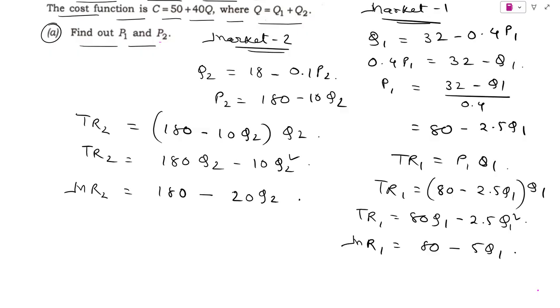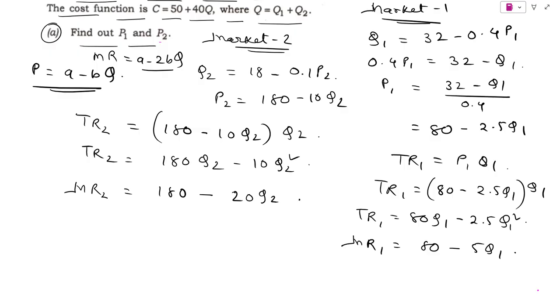Notice an important pattern. Whenever the demand is linear, like P equals A minus BQ, then MR is A minus 2BQ. The slope of the MR curve is always twice the slope of the demand curve, and this is one of the most important properties of monopoly pricing.